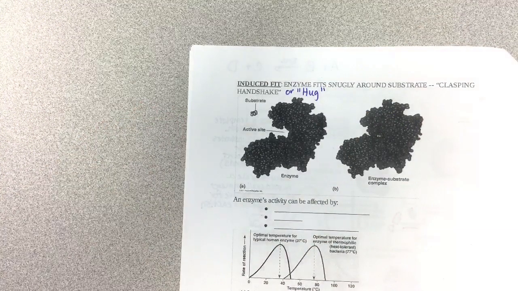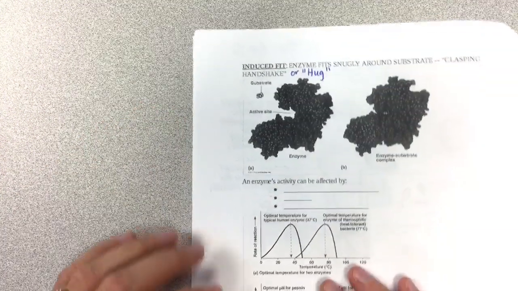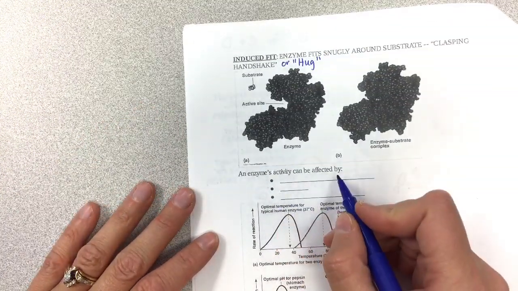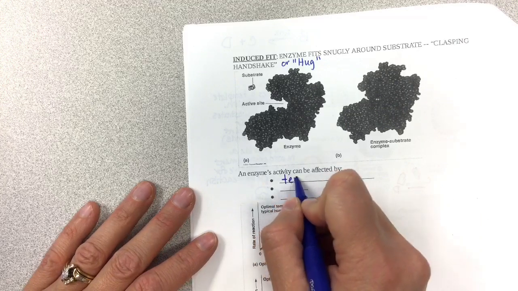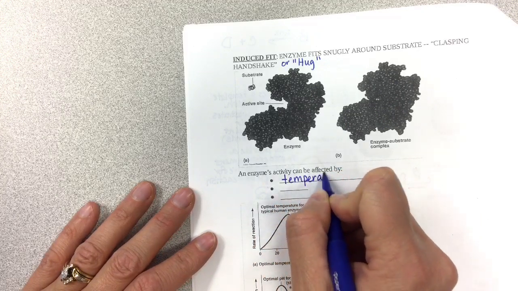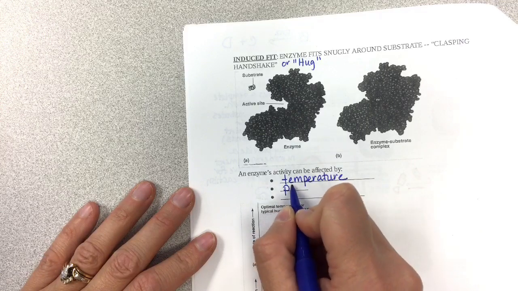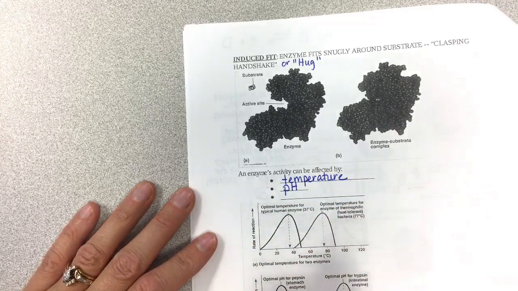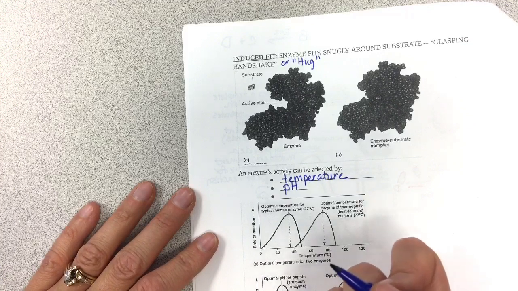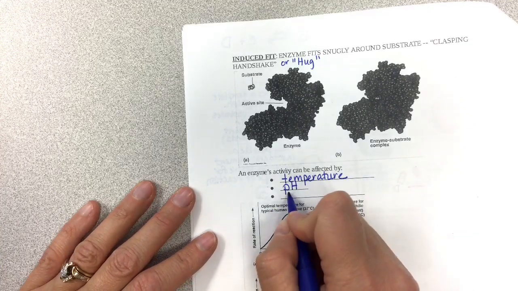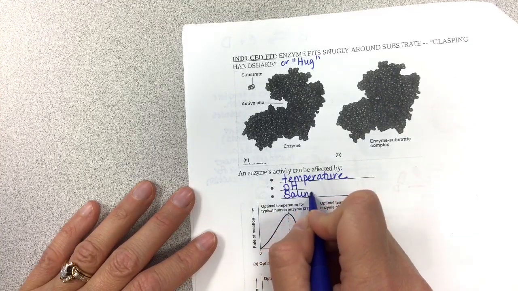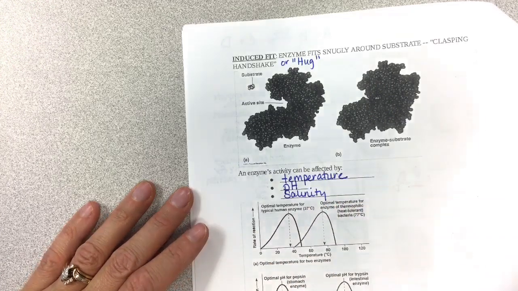All right, and so then an enzyme's activity can be affected by several things. It can be affected by temperature. This is a review from the macromolecules when we talked about proteins, pH, and different chemicals like salts, salinity as well.